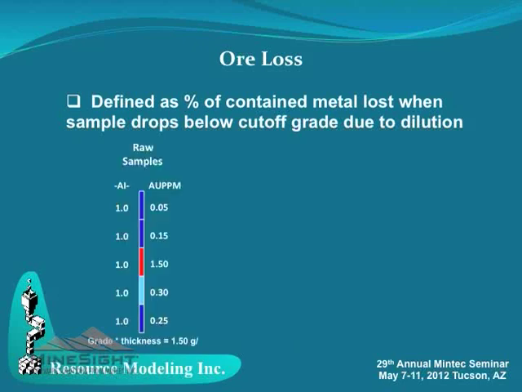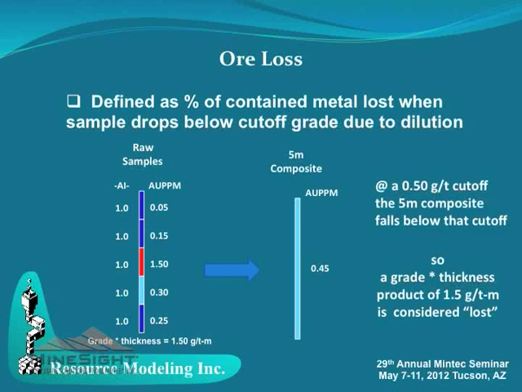ever-increasing dilution. So here's a little illustration where we've got a drill hole, we've got the length down the left side, and a gold grade down the right side. So at a half-gram cutoff, we have a grade thickness product for this little segment of drill hole of 1.5 grams per ton meter.